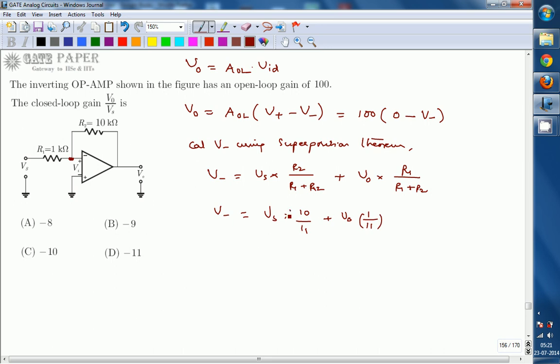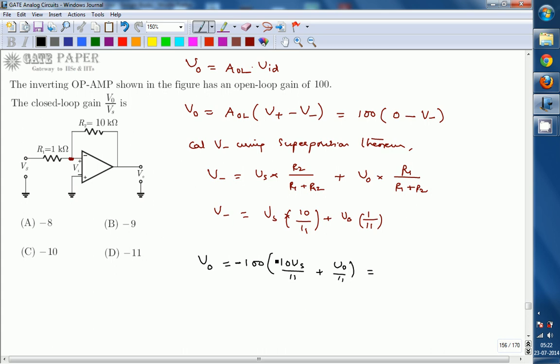This you can write. So substitute this one. Then V naught is equal to minus 100 times of, this minus I can take out, V minus, which is Vs times 10 by 11 plus V naught by 11.